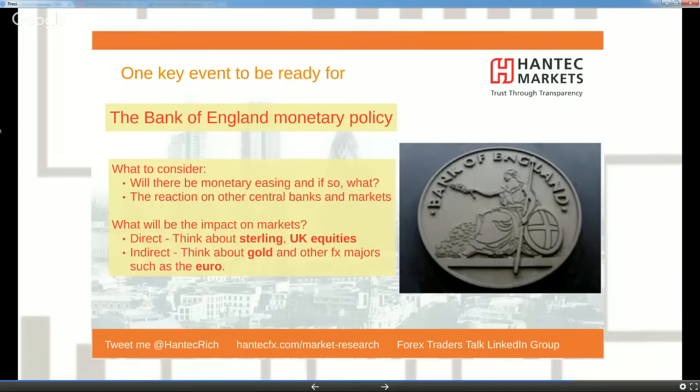So they need to use looser monetary policy to try and combat that, and I think that they will say that they will open the dialogue on an easing program that they're going to put together.